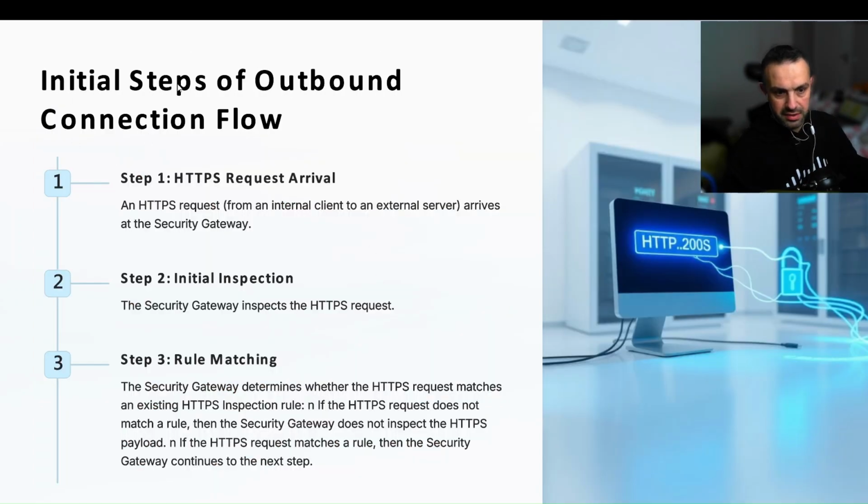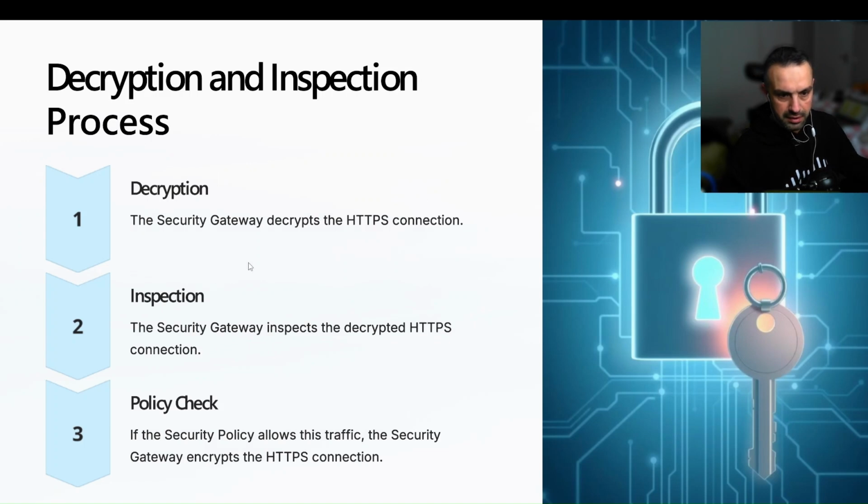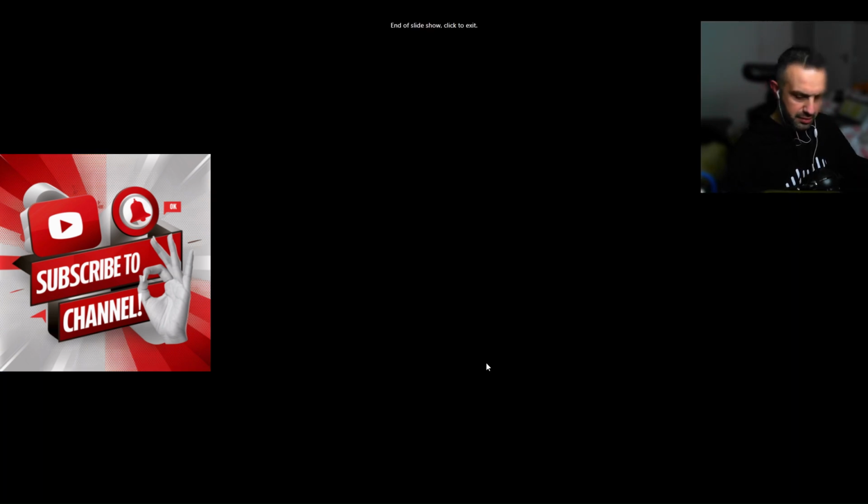And these are steps to, as we have seen, how to make it working. So certificate validation, decryption, inspection, policy check, and sending requests, request forwarding, connection process, ensuring security. So that slide is done.